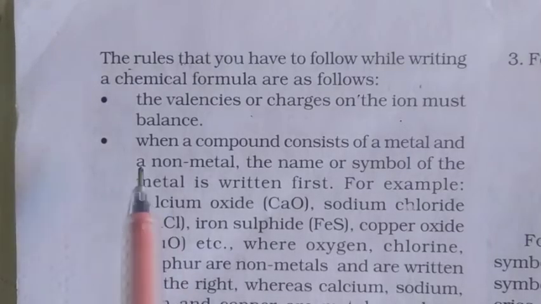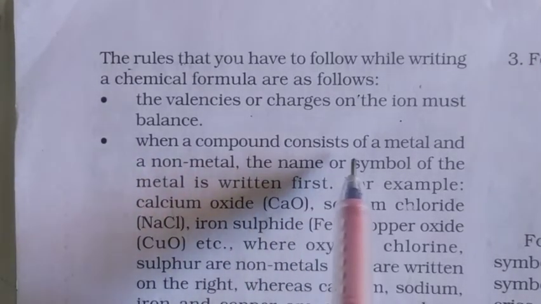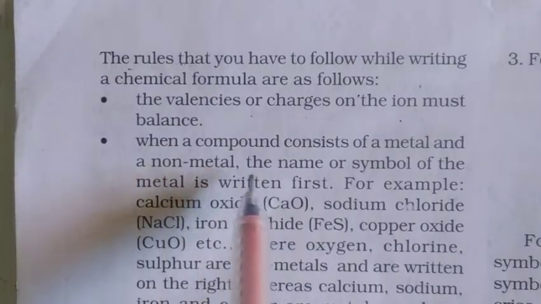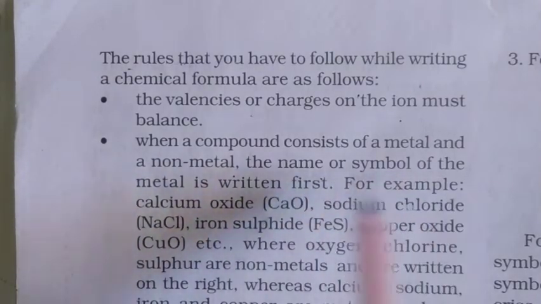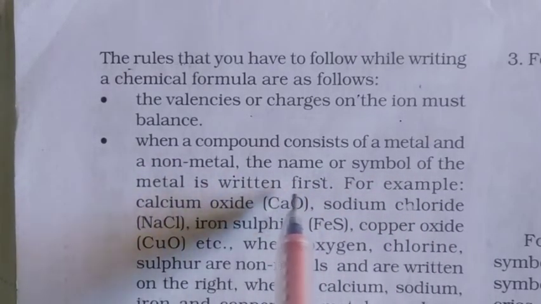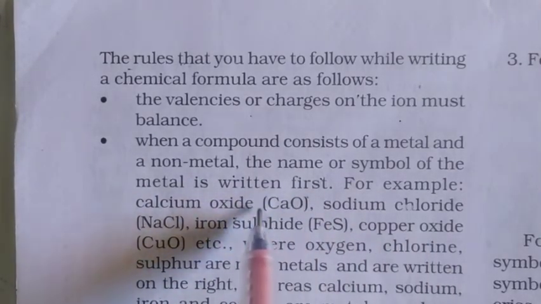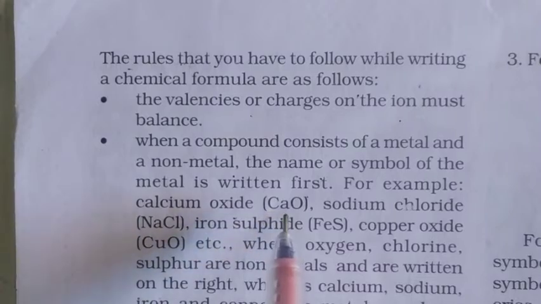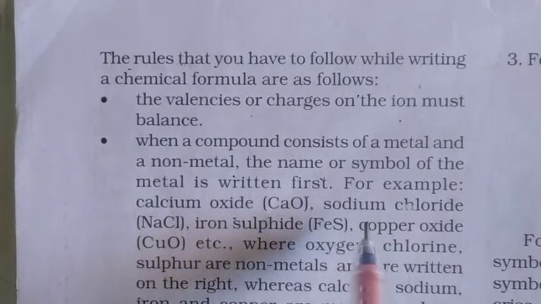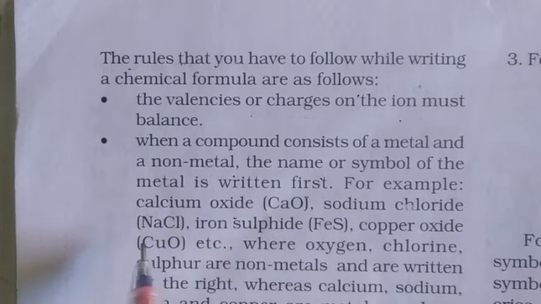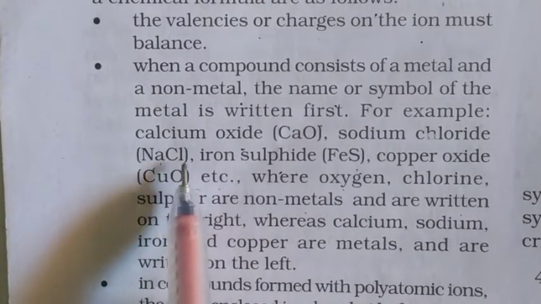The second rule is when a compound consists of a metal and a non-metal, then the name or symbol of the metal is written first. For example, calcium oxide. Look at children here. Calcium is a metal, we write it first. Oxygen is a non-metal, written next. For example, sodium chloride.